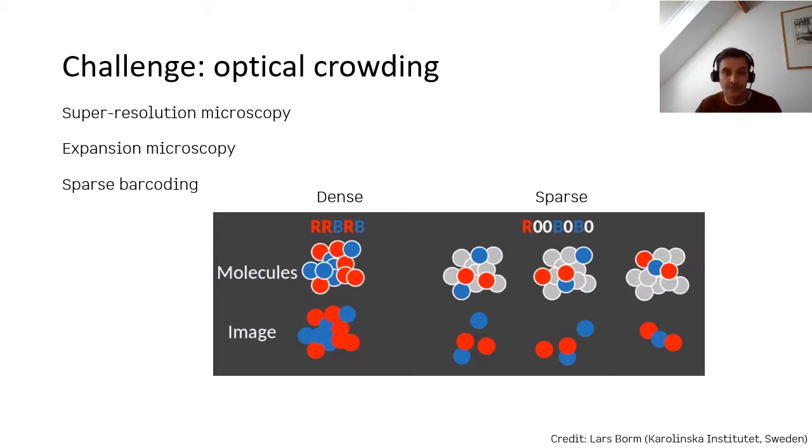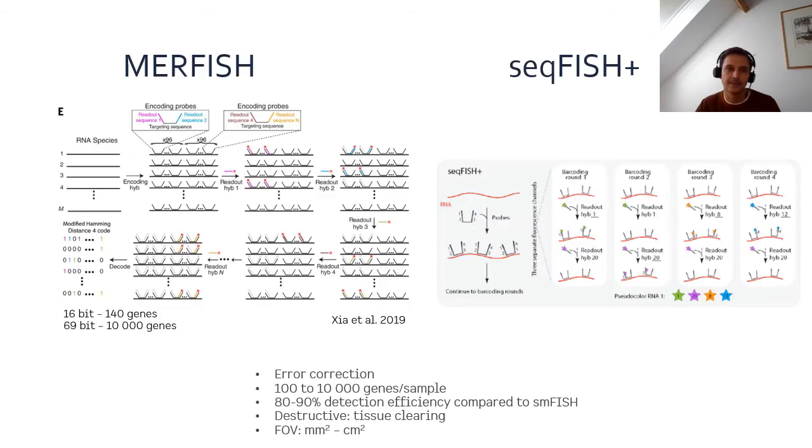Of course, this can get very crowded very fast, but with sparse barcoding, you also include the absence of signal as informative for your barcode. This in effect dilutes your number of fluorophores per imaging cycle dramatically, and allows you to interrogate many more signals and thus transcripts in a given sample.